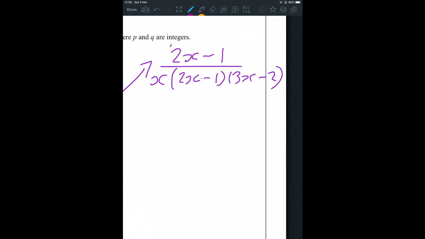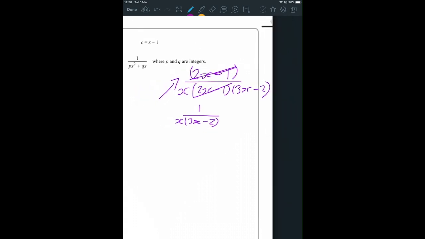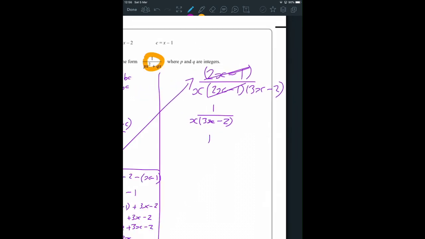And now notice that we've got the same factor on the top as the denominator. So it's now 1 over x, 3x minus 2. And notice the question did want it expanded out, so I'm going to re-expand there, 3x squared minus 2x. And I have put that in the required form. That is my answer.